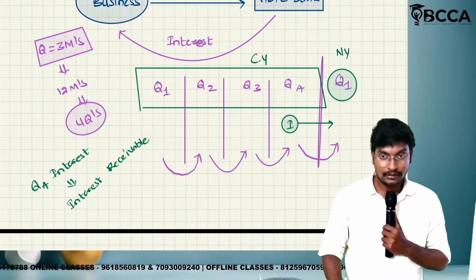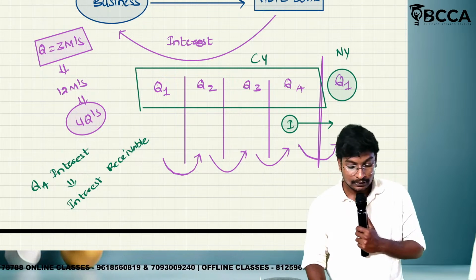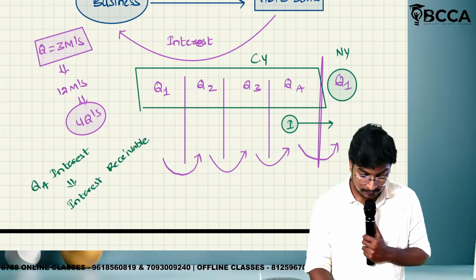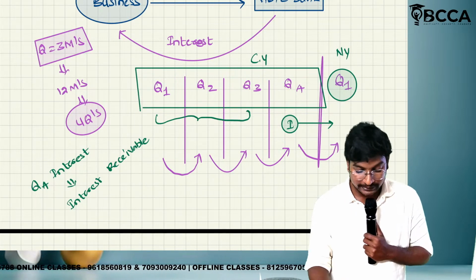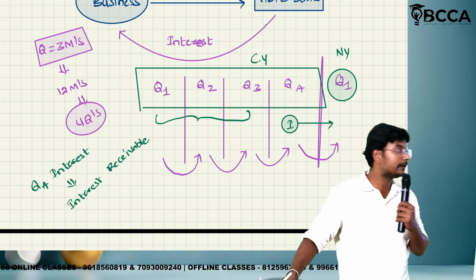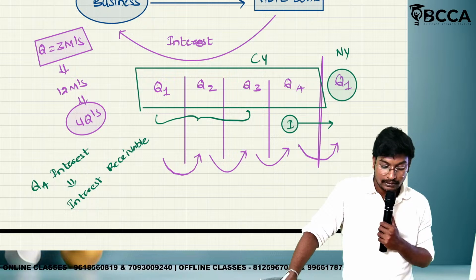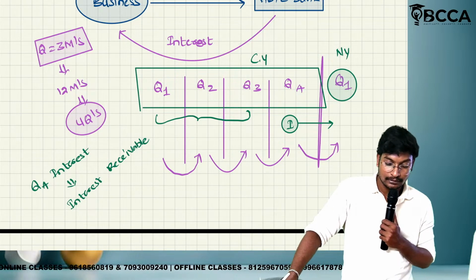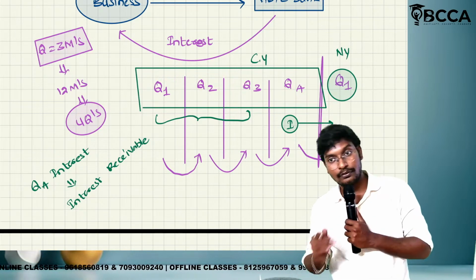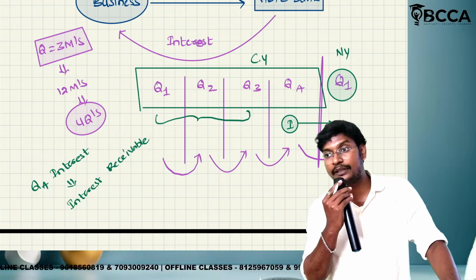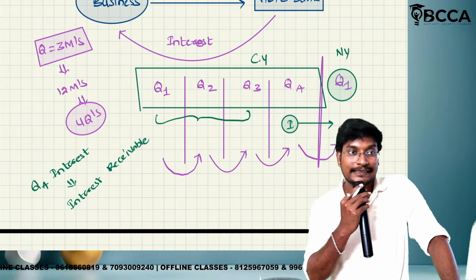Quarter 1, 2 and 3 interest are called interest received.